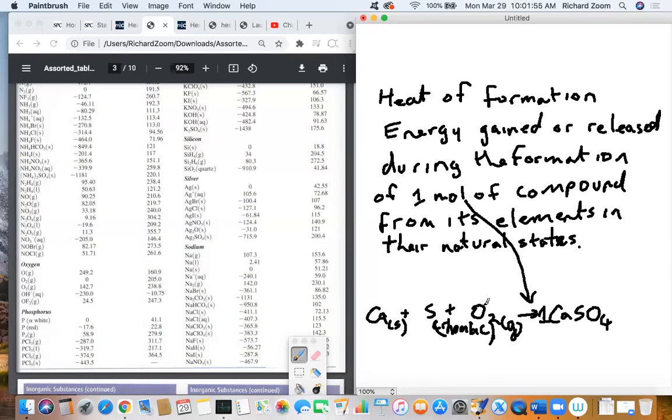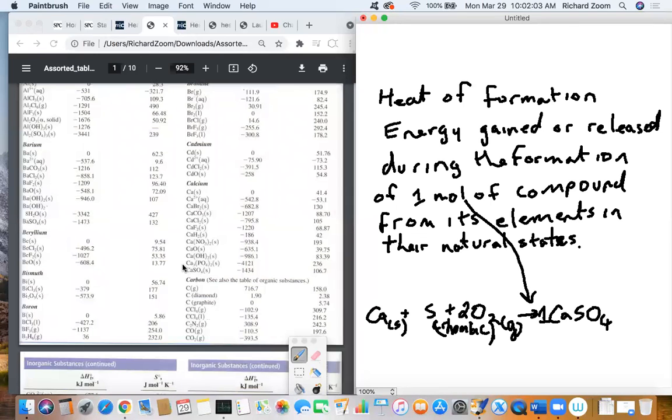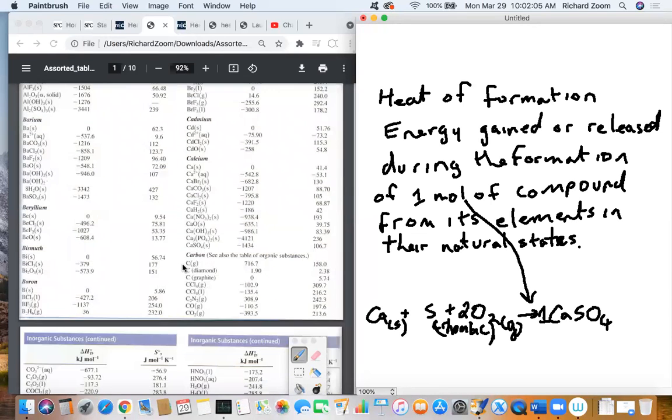And this isn't quite balanced. I need a 2 in front of the O2 to balance that. But if I look, I think I've got it here. I hope I have. Calcium sulfate, CaSO4, there it is, negative 1434 kilojoules per mole. That's what the number says right down here. And that's the equation for the formation of calcium sulfate, CaSO4.